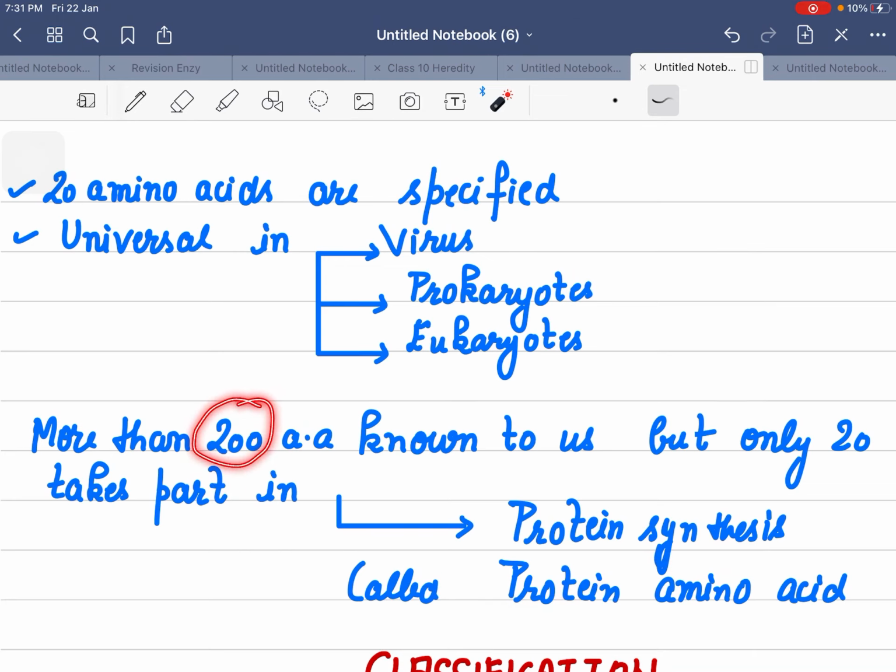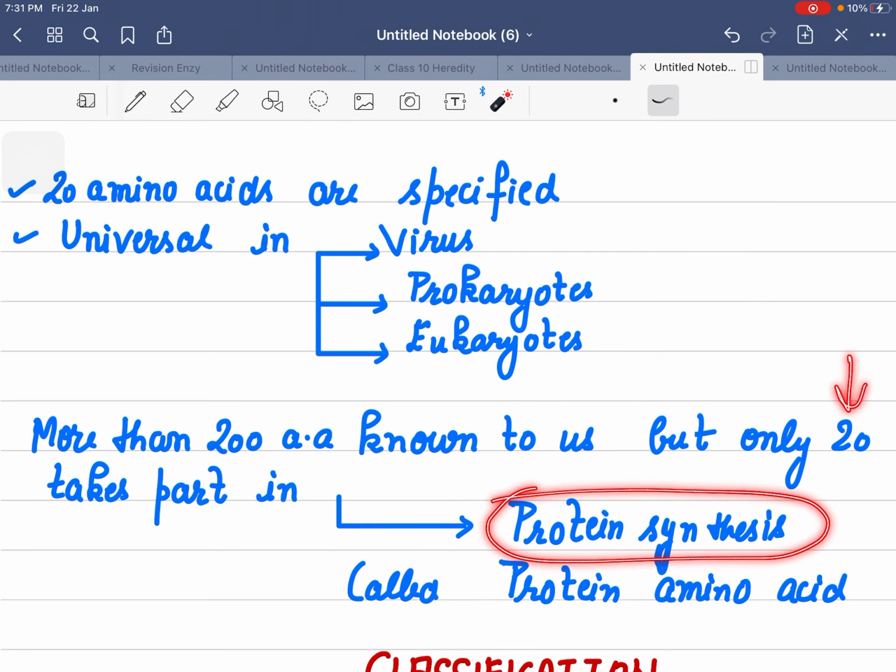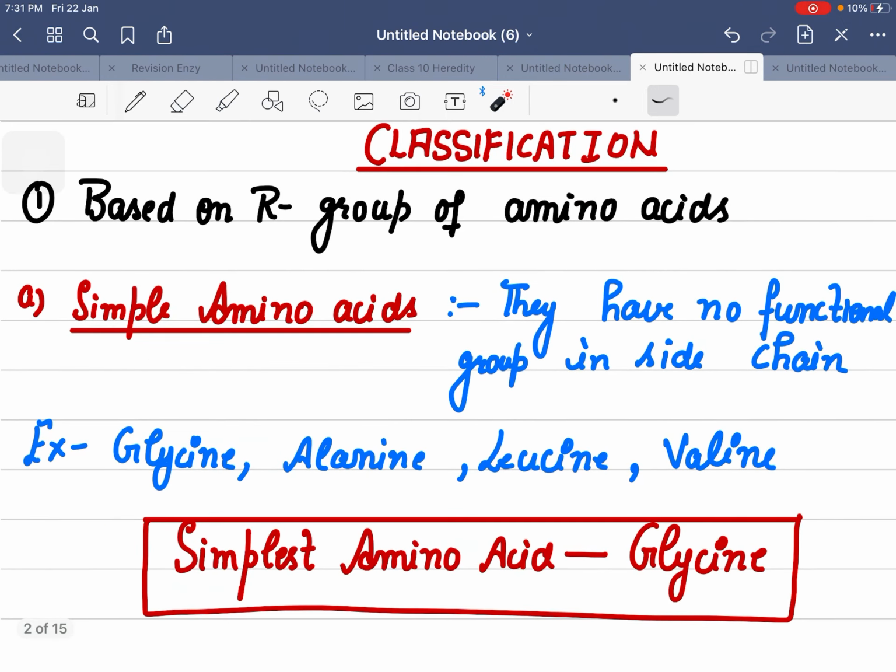Although more than 200 amino acids are known to us, in our body the amino acids that play a major role in protein formation are these 20.